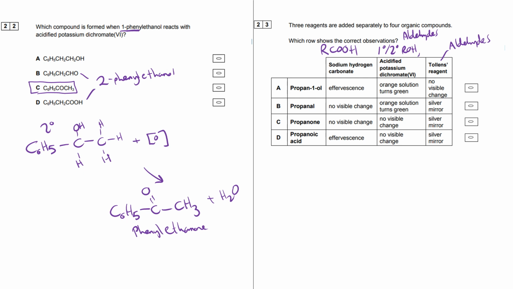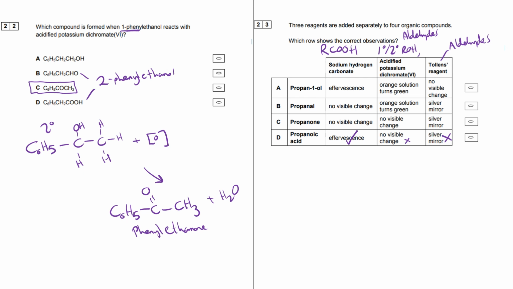So, which one shows the correct reaction? Propanoic acid would effervesce. It wouldn't react with acidified potassium dichromate because it can't be oxidized, and it wouldn't react with Tollens' reagent because again it can't be oxidized there.